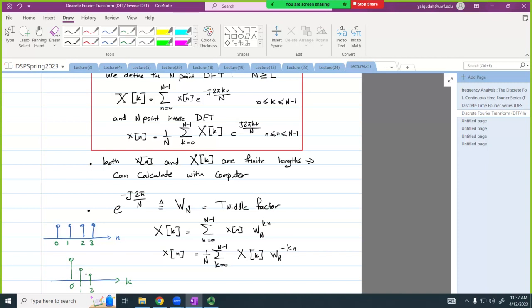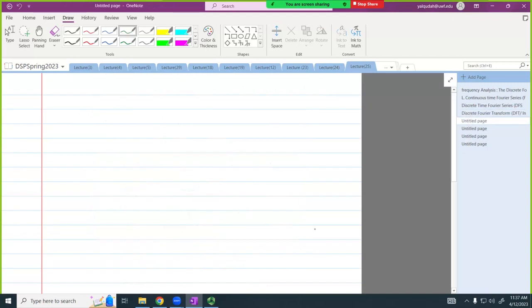Now what we're going to do next is we're going to relate the discrete Fourier transform, this one, to all the other transforms that we are familiar with. So let's start with the discrete Fourier transform and the discrete Fourier series comparison.